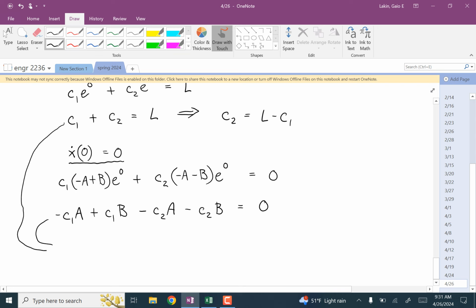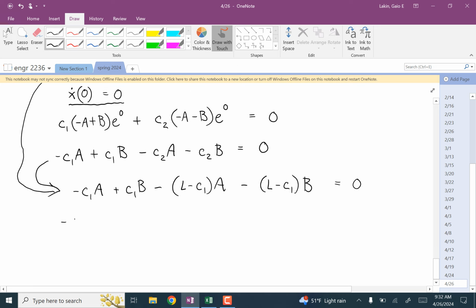And so I'll combine these two equations. I get negative C1a plus C1b minus, our C2 is L minus C1, and we're multiplying that by A. And then our last term is minus L minus C1 times B. And all this is equal to 0.